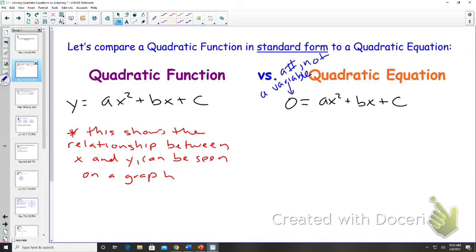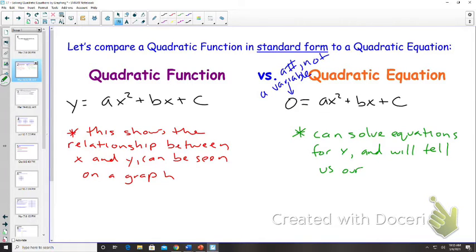And when we have quadratic equations, we can solve equations for x, and that will tell us our intercepts, roots.